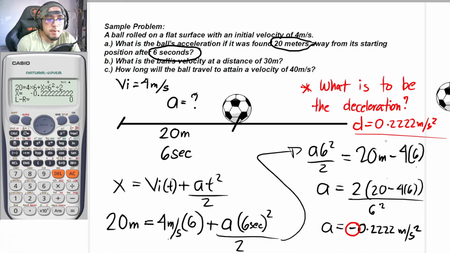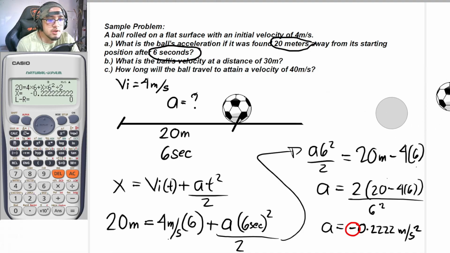Because if you include this negative symbol here, it is already redundant, since you are already indicating the deceleration, and adding another negative symbol would give you redundancy. So if what is being asked in the question is the deceleration, drop the negative symbol. Once again, our acceleration is equal to negative 0.2222 meters per second squared.